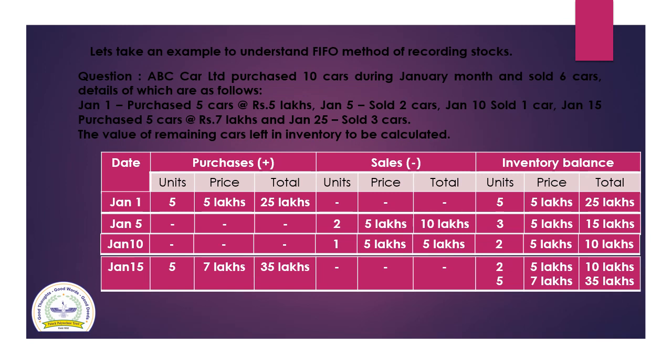So the inventory now will be, in the FIFO method, we are going to write first the previous stock and then the new stock. So the older stock was 2 cars of 5 lakh each, and now the new stock that has been purchased is 5 cars of 7 lakh each.